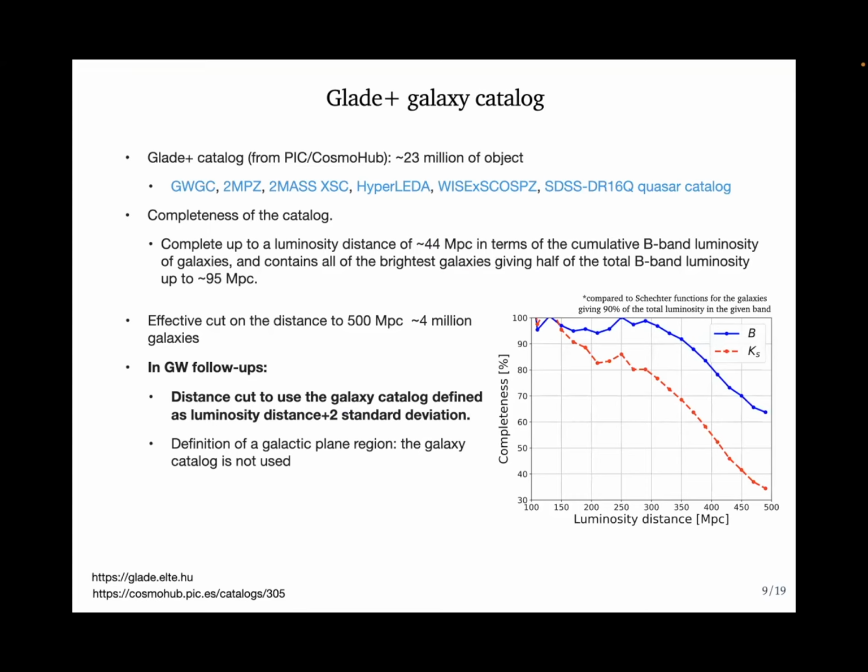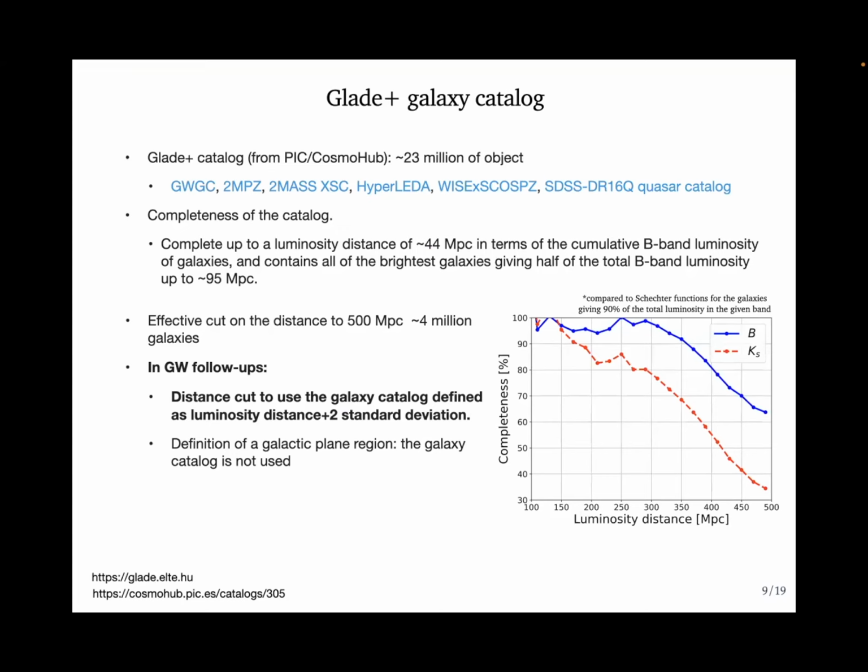So we are doing a cut that is not super conservative, around 500 megaparsec. We end up with 4 million galaxies, and we are not so conservative because to decide which algorithm to use, we are going to use this consideration.